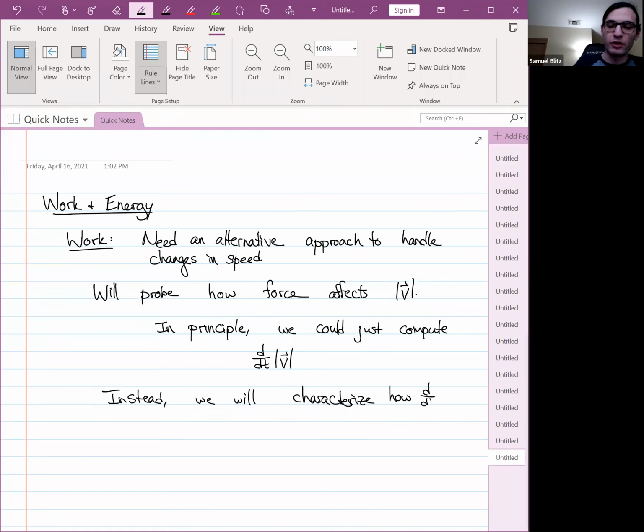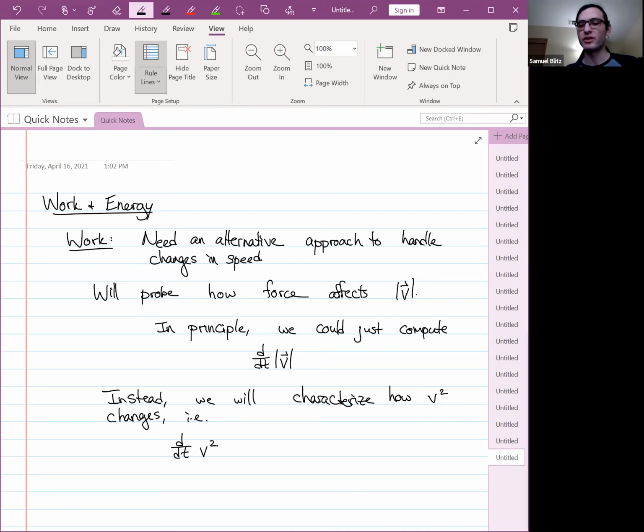We will characterize how v squared changes, i.e., we will compute the time derivative of v squared.